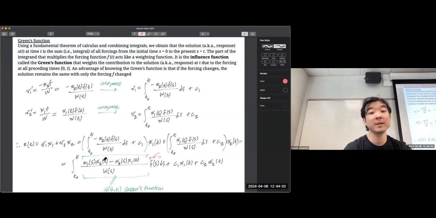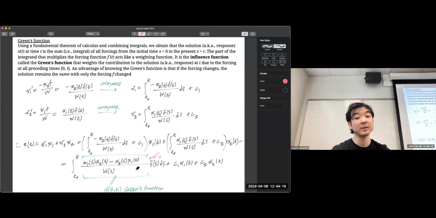It's called the influence function. So it weights the contribution to the solution, or the response at the present t, due to forcing at all preceding times. And an advantage of knowing the Green's function is, again, if the system is still the same but only the forcing has changed, then you can use that Green's function times the new f of s and integrate it across all time.